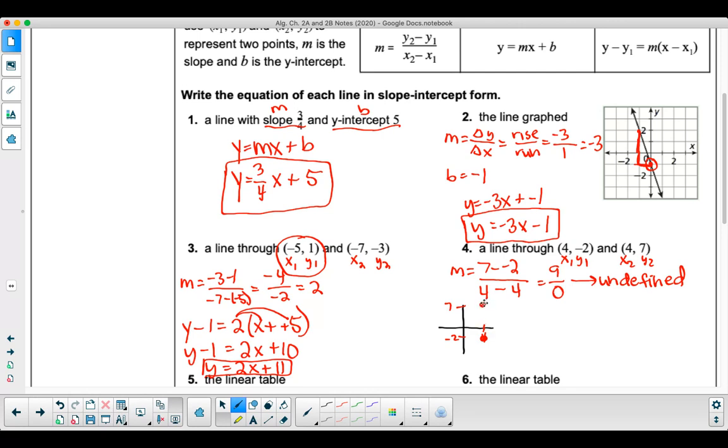You can see that they are vertically going through the same x value. They're both going through x equals 4. So if you get an undefined slope, you have a vertical line, and the equation of that vertical line is just going to be equal to the x values. See how they go through the same x value? That means the equation of that line is going to be x equals 4.